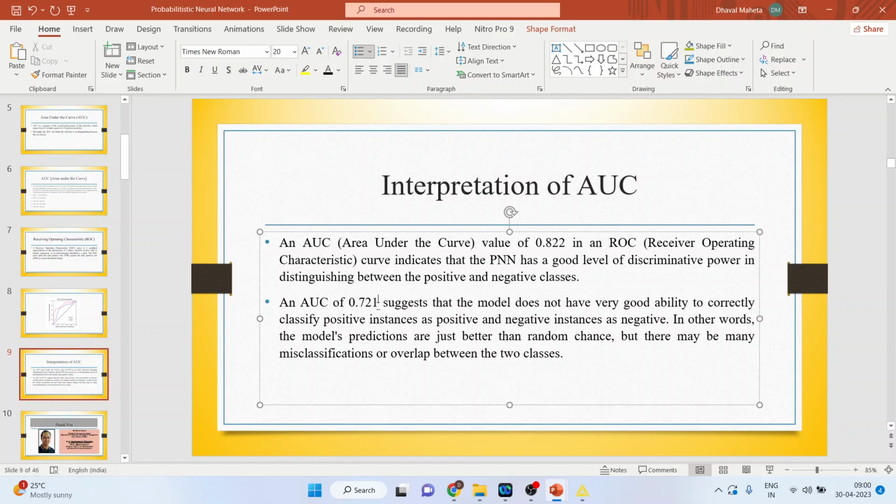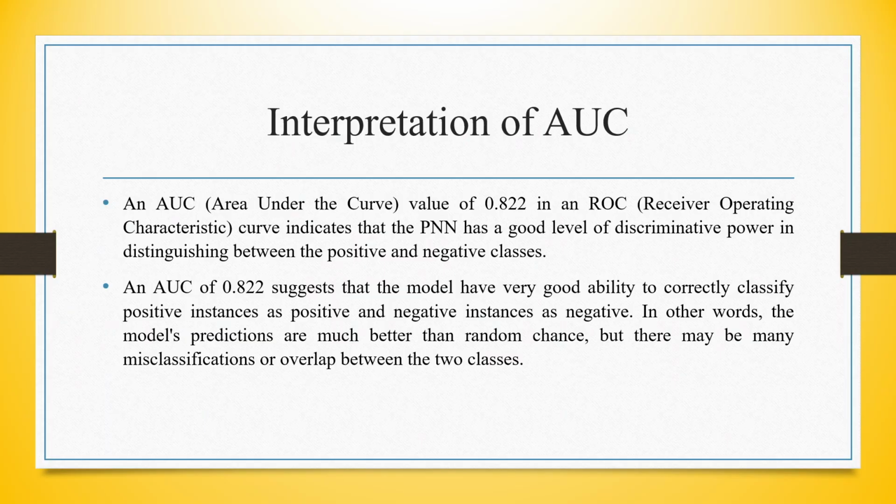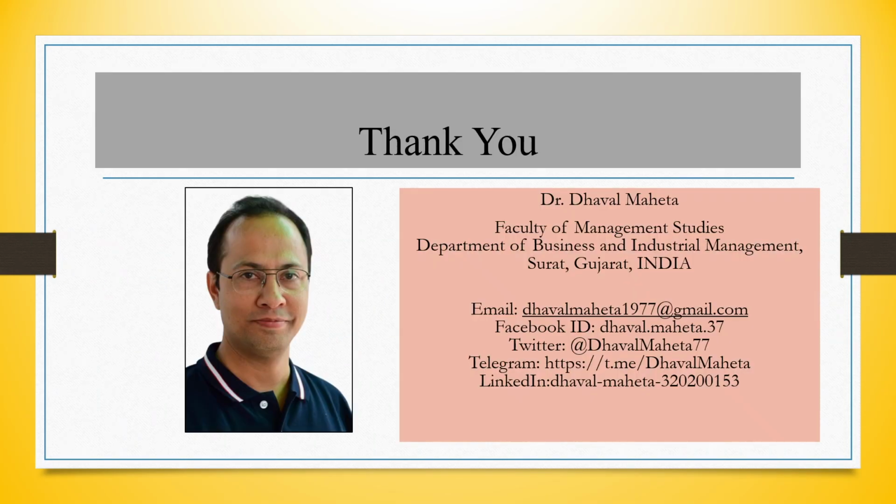An AUC of 0.822 suggests that the model has a very good ability to correctly classify positive instances as positive and negative instances as negative. In other words, the model predictions are much better, right? So these are the wordings which are to be used, much better than the random chance, but there may be many misclassifications or overlap between the two classes.